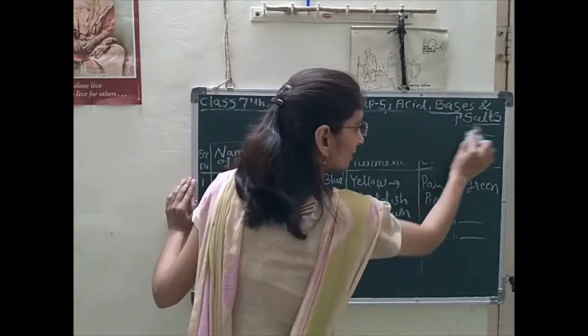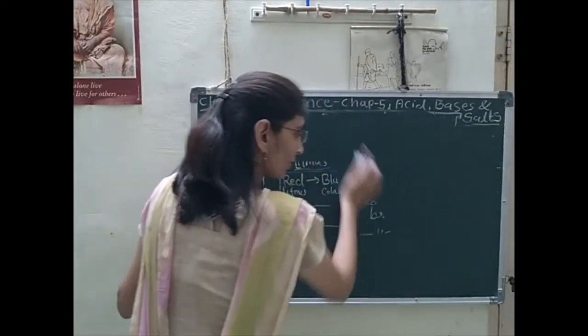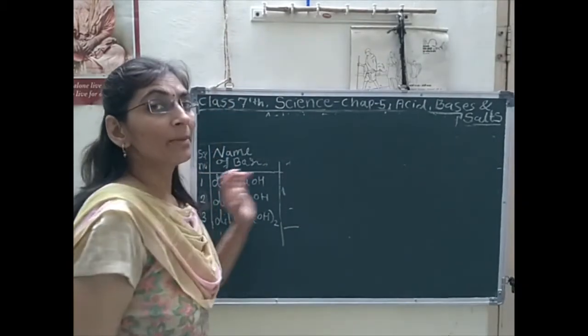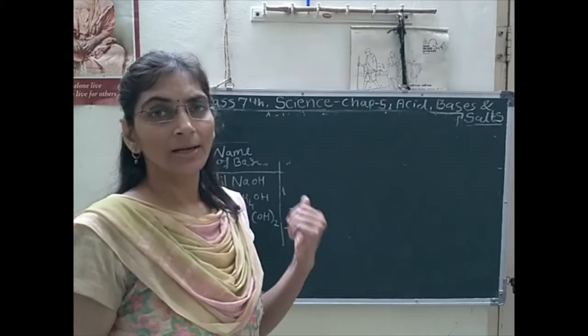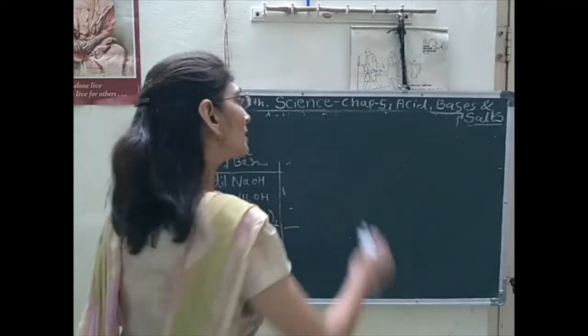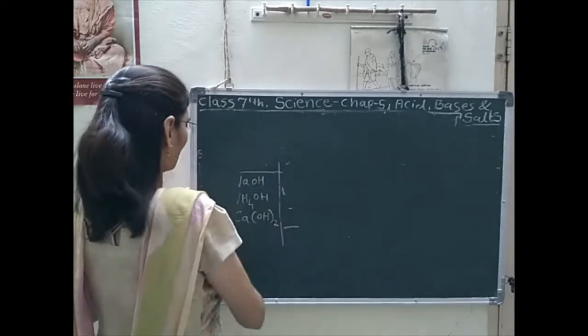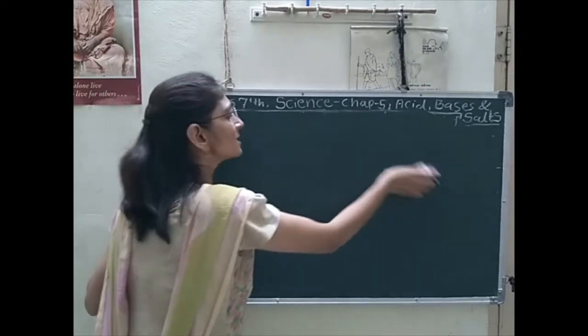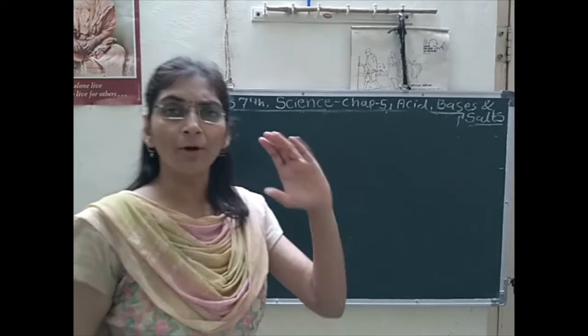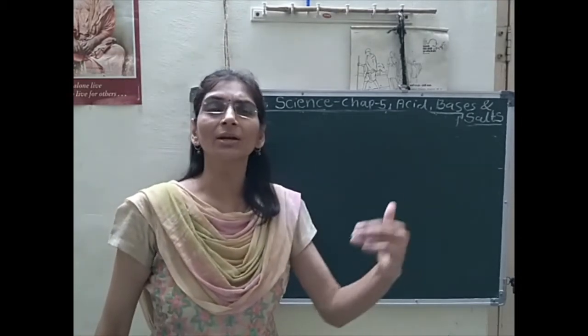So the next topic we will see here is acidic rainwater. Rainwater we know, but acid rain, have you heard of it anywhere? What is meant by acid rain? Acid rain means the rain has acid, meaning the rainwater has acidic nature.